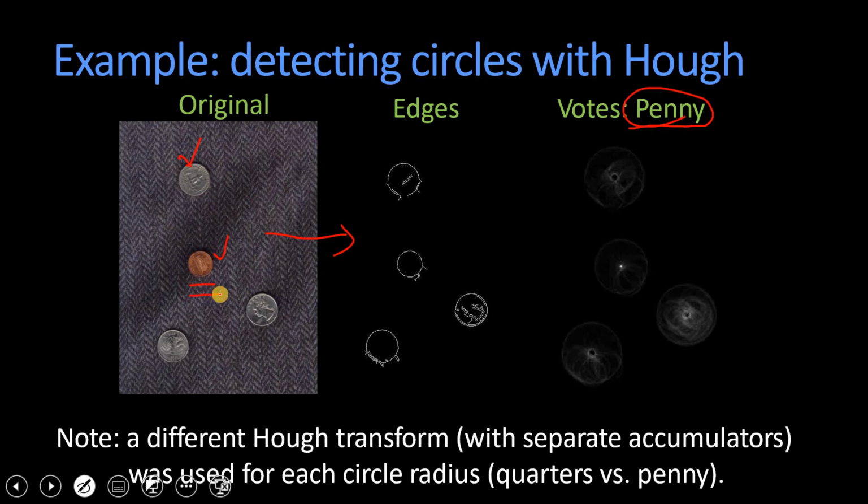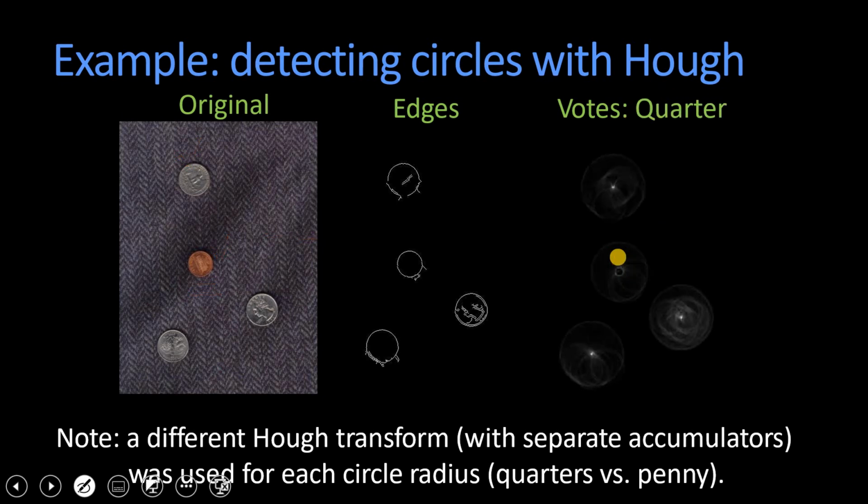So for the penny I know the size of the circle, so first of all I apply the algorithm only for the penny. When I apply the algorithm only for the penny, I get only one bright spot, one bright dot. Okay, the other three are not bright. Then you change the radius, and this time you apply it for the quarter.